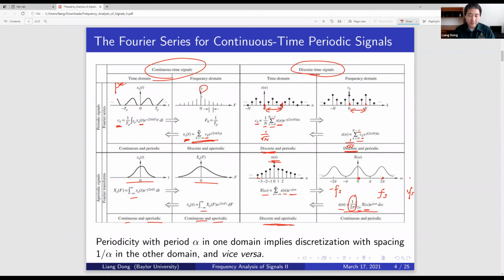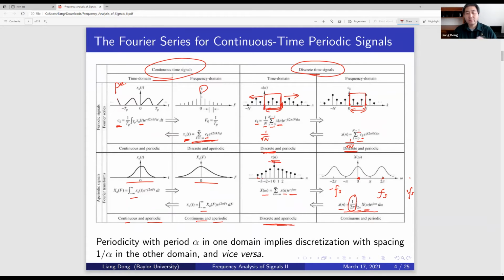Therefore, in reality, we only take signals within one window from 0 to N minus 1. If I am using discretization in frequency, 0 to N minus 1, everything is discretized. What we imply is that in the time domain, everything beyond the window I'm taking should be periodic.